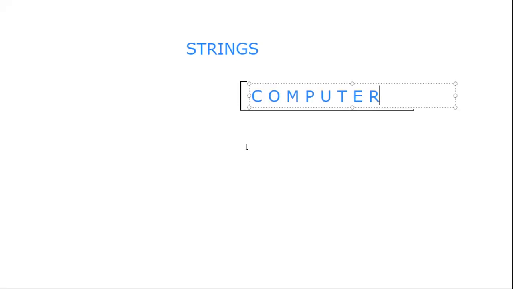A string is a character array, so it also has indexes like any normal array we have seen. So the first value will be C, and then we have O, M, P, U, T, E, and R. What will be there after R?